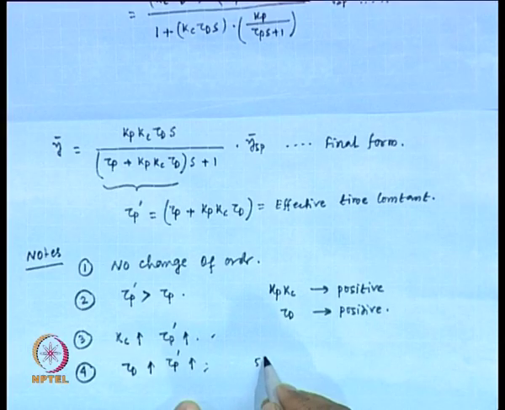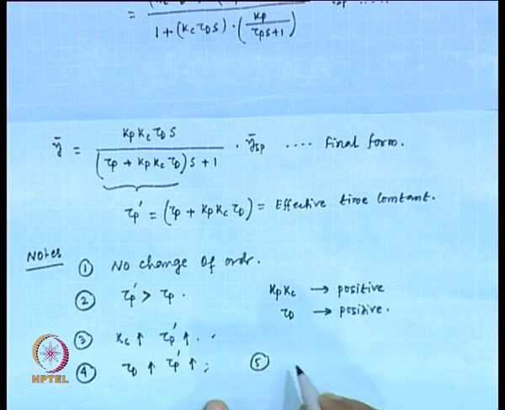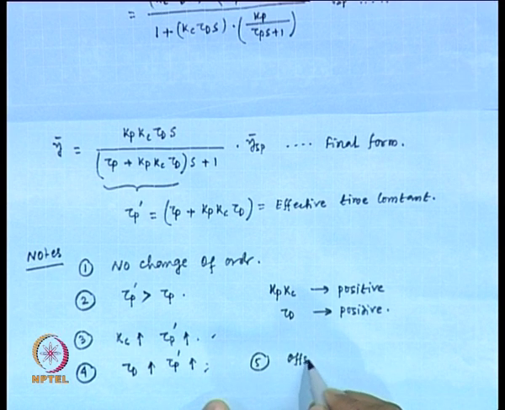Fifth point is related to the offset. Can you calculate the offset, with introducing a step change in set point with magnitude A? What about offset?